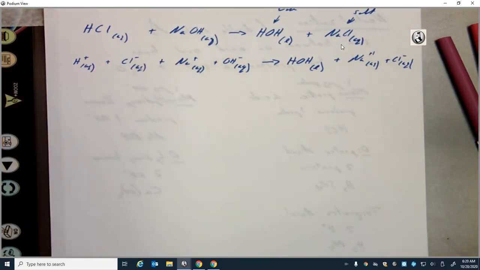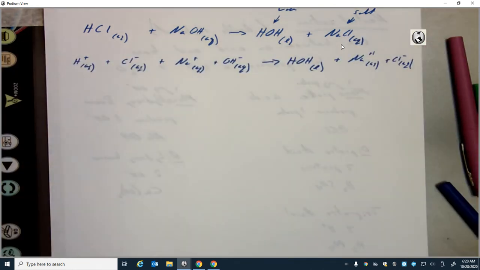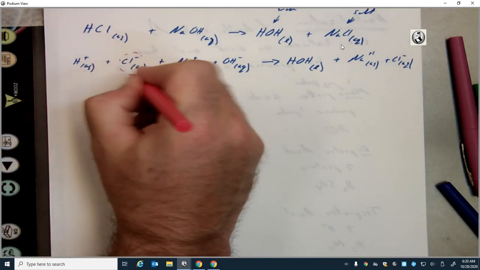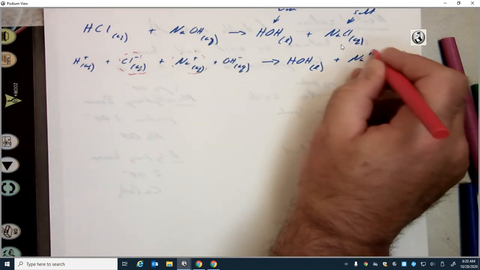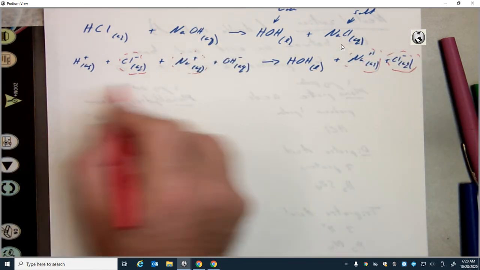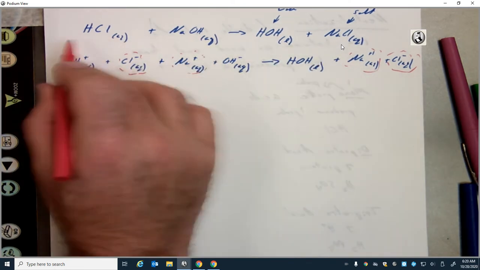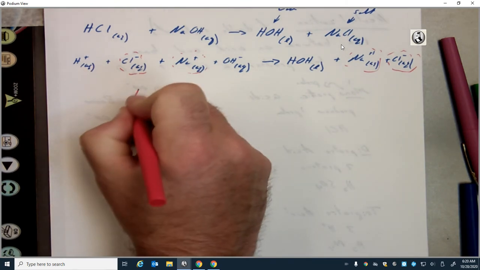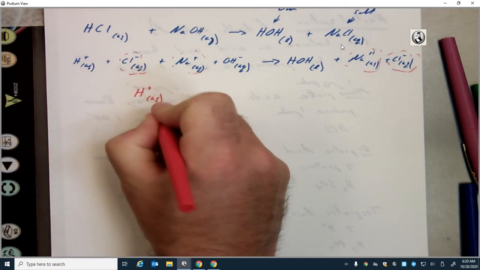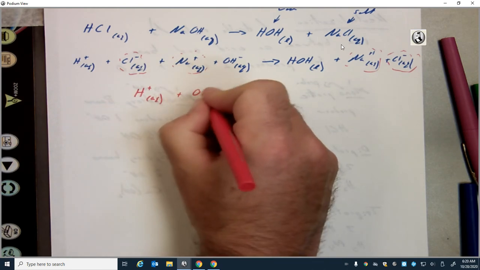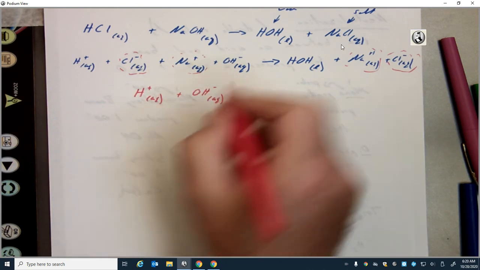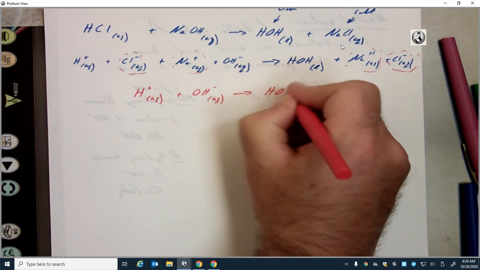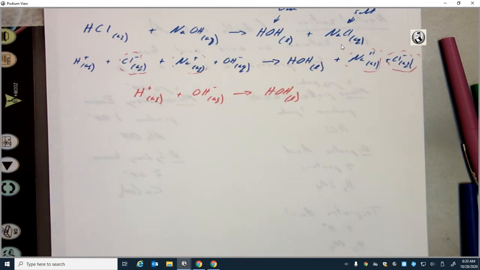Now, if we look at this, where are my spectator ions? Where are the ions that are not taking place in the reaction? Well, I have Cl's on both sides. I have Na's on both sides. So those all cross out. So if I was to write my net ionic equation of this acid-base neutralization, it really would only be H plus aqueous plus OH minus aqueous producing HOH liquid.